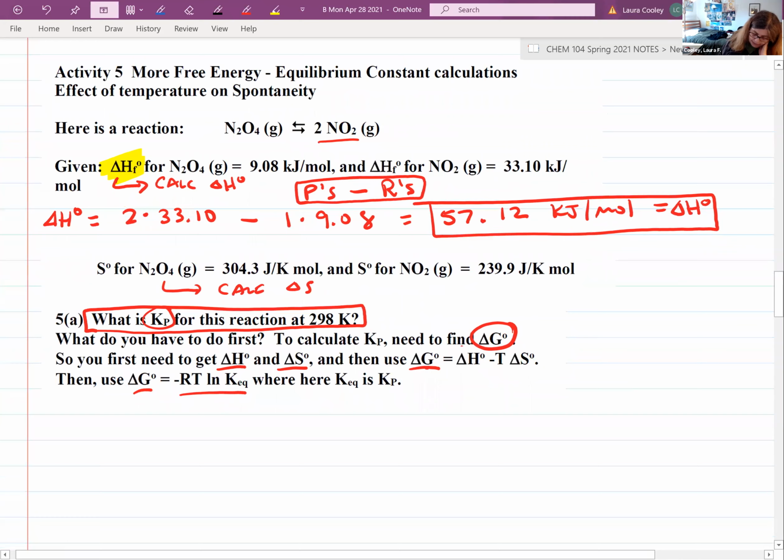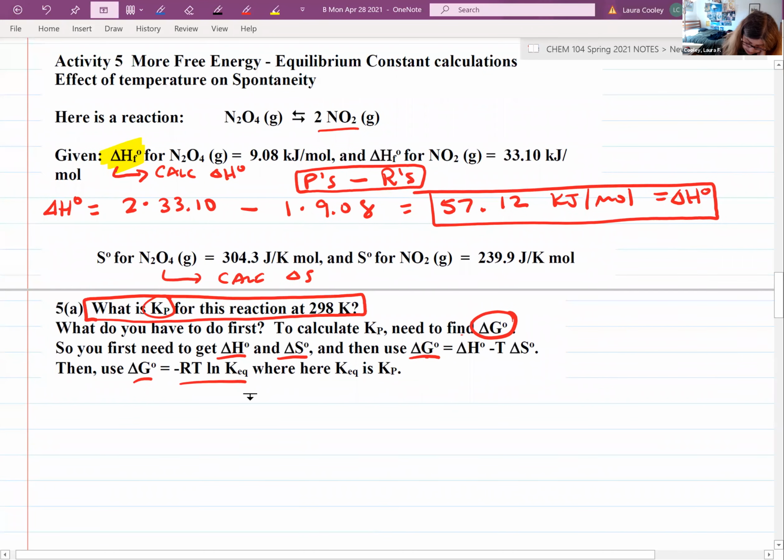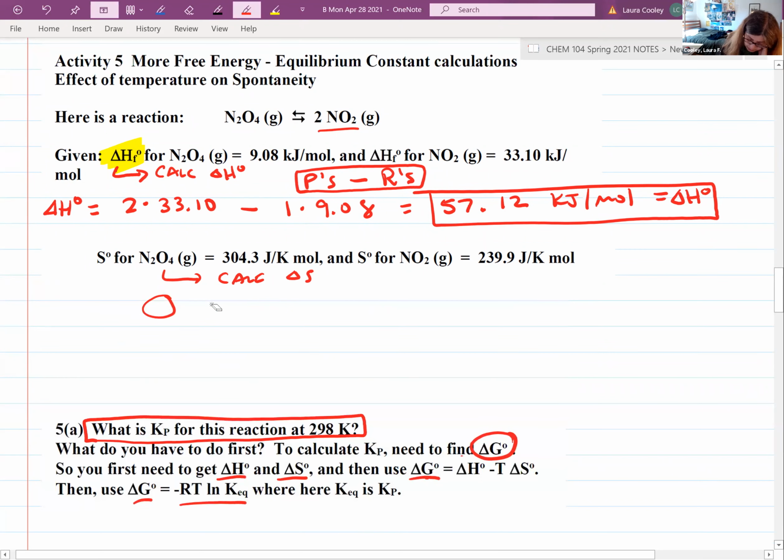Okay. Similarly, we can calculate the delta S. If we calculate the delta H, by the way, this is positive. So this is an endothermic reaction. Requires heat. Actually, can you think of a reason why it would require heat?